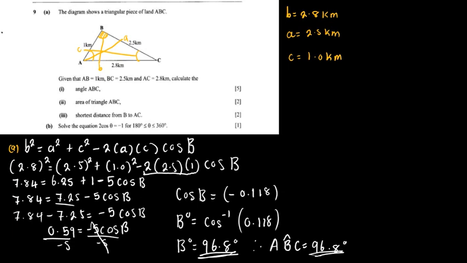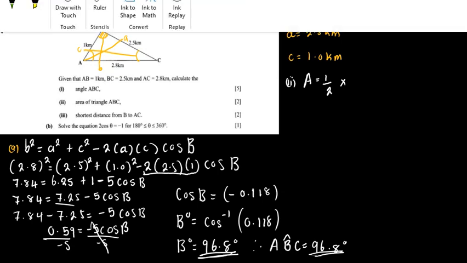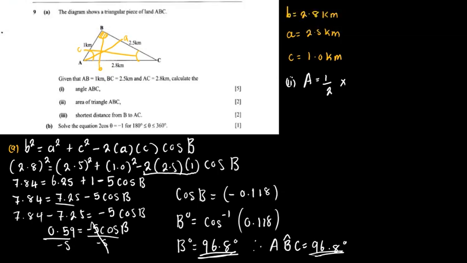Now we can do B, which is the Roman numeral 2. They're saying we calculate the area. Well, it's just the same concept. Area is equal to 1 over 2. So we are using this. Look at this. We are using this angle.